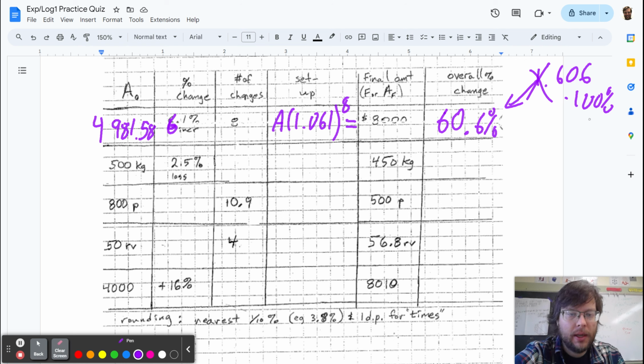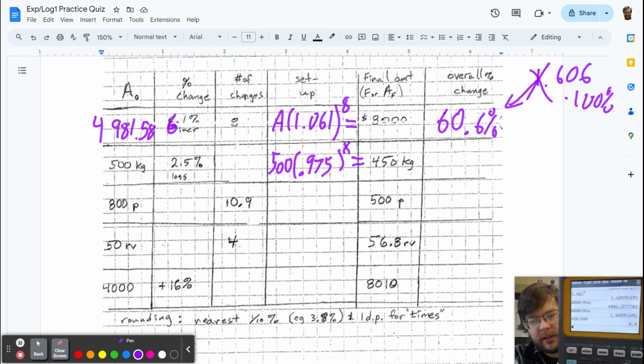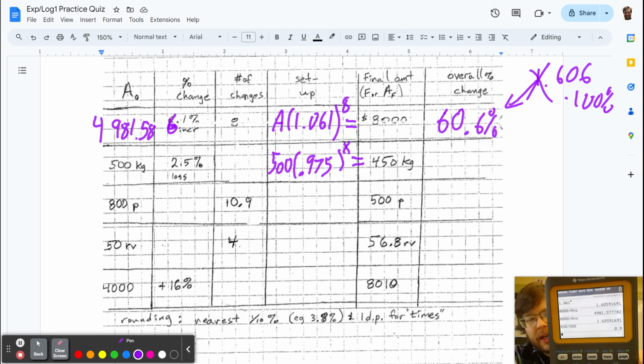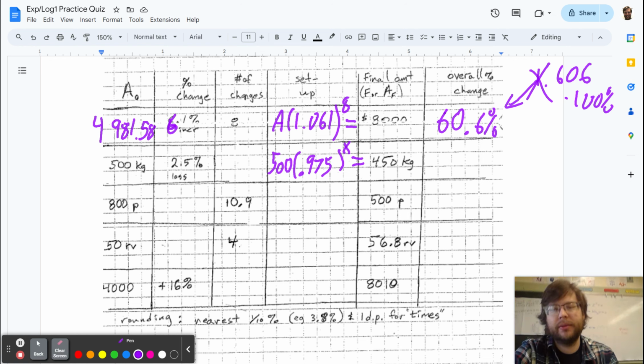Okay. Next one, we know the initial amount. We know that we lose 2.5%. So you're going to multiply by 0.975. We don't know the number of times. And we know that equals 450. Here we are going to have to use a logarithm. So first we go 450 divided by 500, get 0.9. And then we do the log with a base of 0.975, okay?